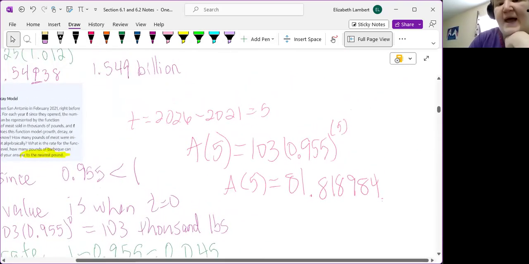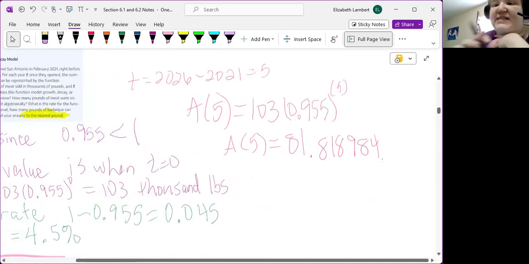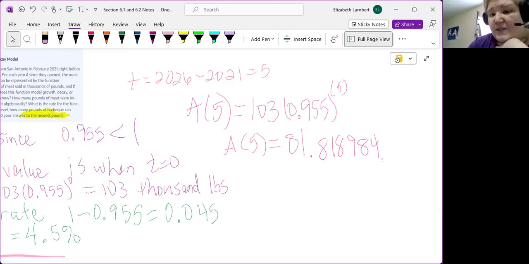So to the nearest pound, remember this is thousands of pounds. So if I want to know in pounds, I would have to multiply this by 1,000, which really just moves the decimal 3 places over.